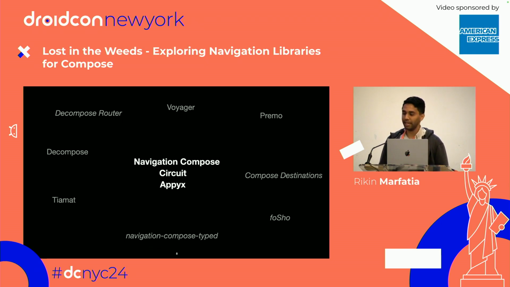At the time, I really only had familiarity with the standard navigation system and Navigation Compose. There are a lot of options out there, and the three that I chose to play around with were, one, Navigation Compose, since that's a good default and I have the most experience with that. And then I chose to play around with Circuit and Appyx because I thought that they looked really interesting and I wanted to learn more about them.